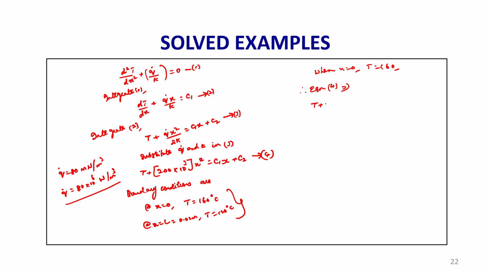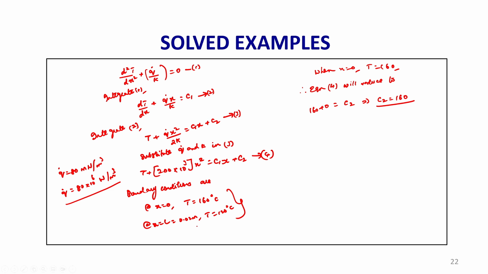It will be T plus 0 equal to C2, and we are substituting T as 160, so 160 plus 0. That means we get the constant value C2 equal to 160.